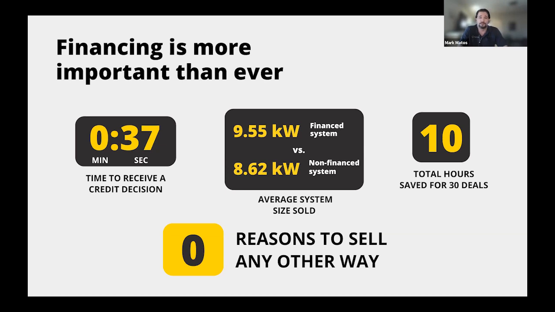So we're seeing about a total of 10 hours saved for every 30 deals sold. And never mind the end-to-end solar project, because this is the sales process. So fulfillment operations, when things are being dialed in and tracked within OpenSolar and Mosaic, it leads to tremendous efficiency gains.